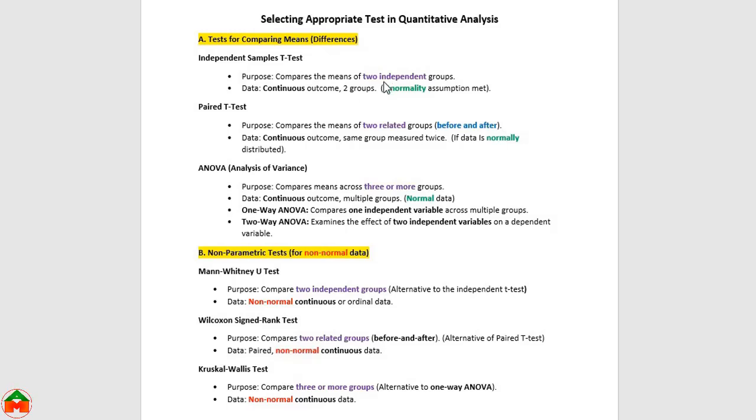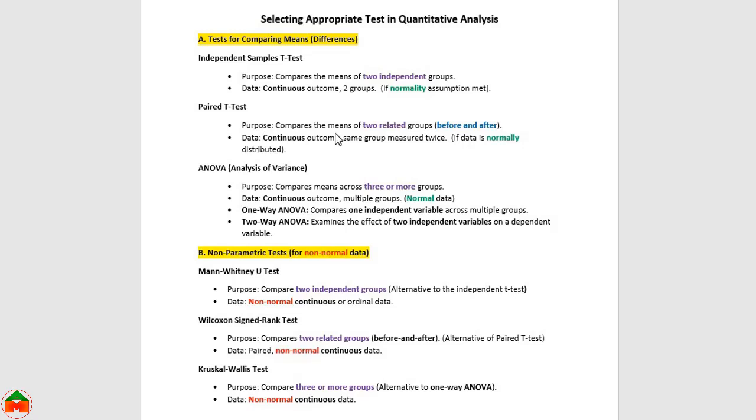That means whenever comparing the means of two independent groups, independent sample t-test; three or more independent groups, ANOVA analysis. But if the data is not normal, then apply the Mann-Whitney U test instead of independent sample t-test. And if the data is normal, apply ANOVA, otherwise apply Kruskal-Wallis test.